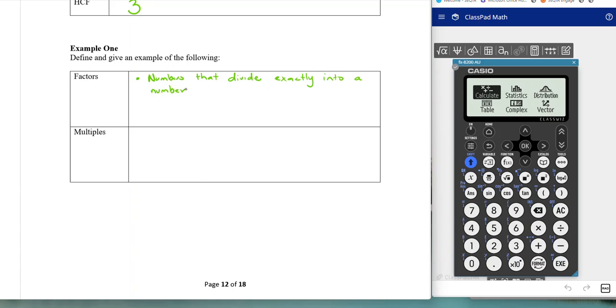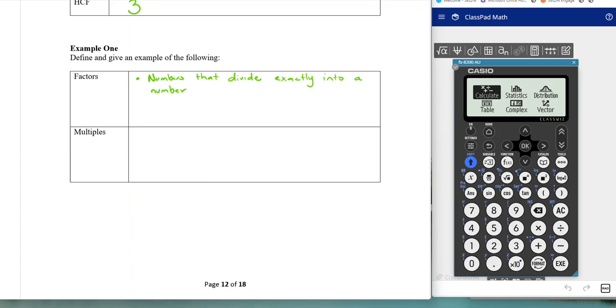Okay, so you can be testing things on your calculator if you're not sure whether something is a factor or not. If you divide by a number and it goes evenly, that means it's a factor.